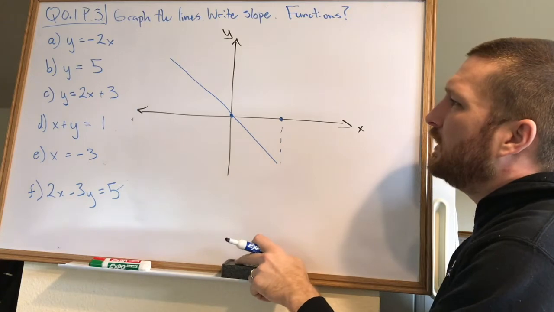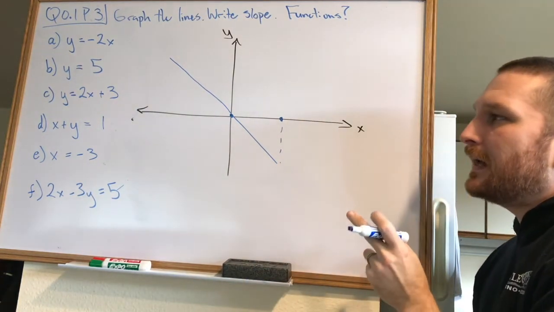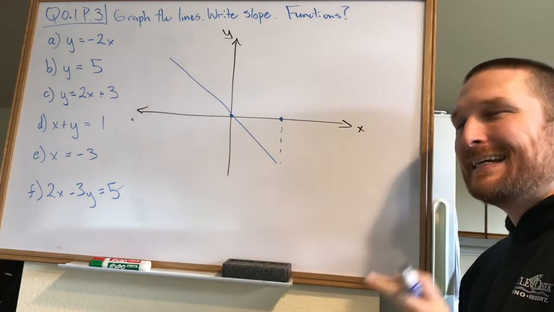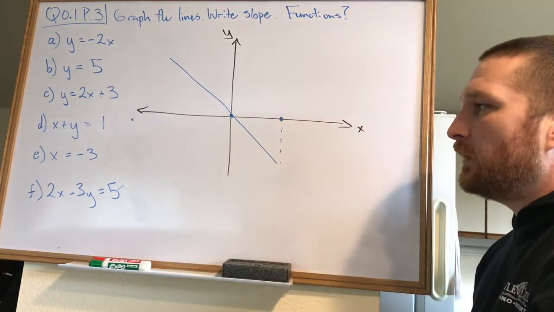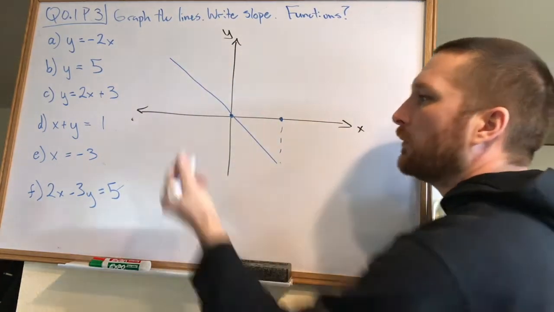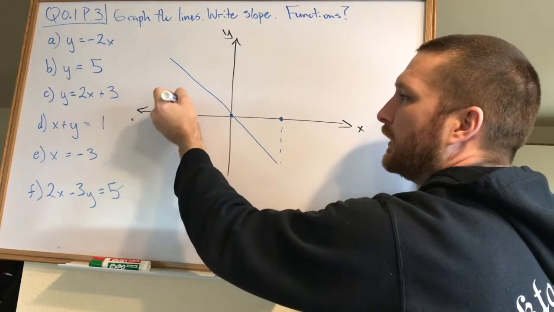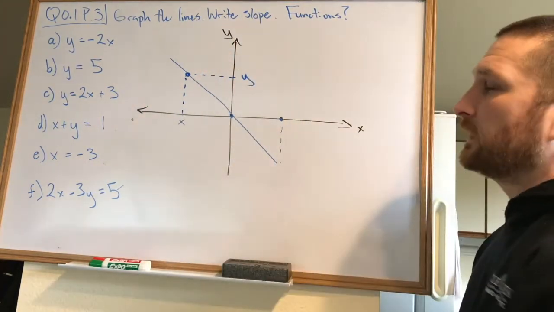So it turns out then that almost every line is a function. Here's one with a negative slope, and we could just see that every one input gives you only one output. There's my one input, and it gives you only one output, and so that's perfectly good.